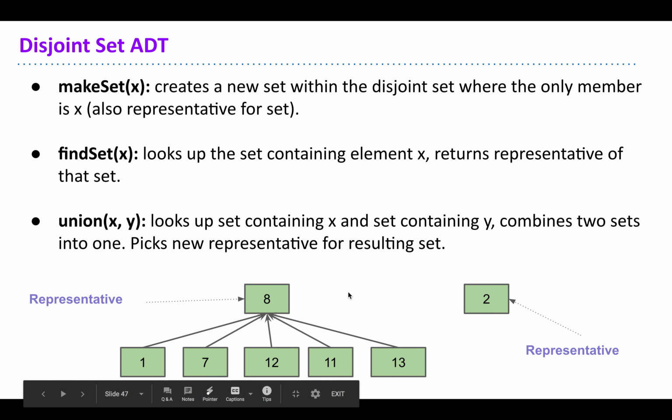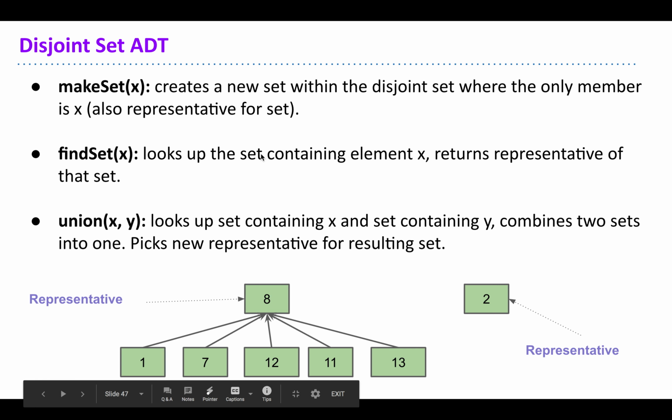So this 8 here is the representative of this whole mini set in our disjoint set. Maybe our disjoint set has all of these elements, including 2, but we have two mini sets, one where 8 is the representative and one where 2 is the representative.